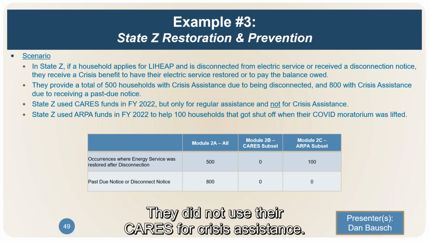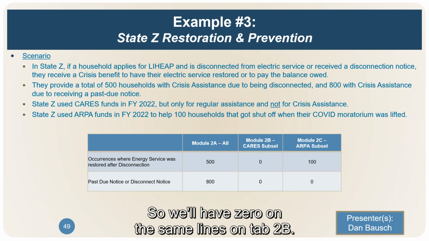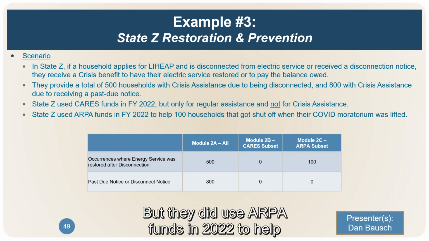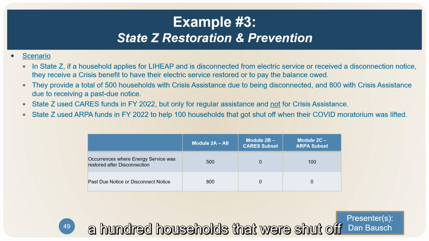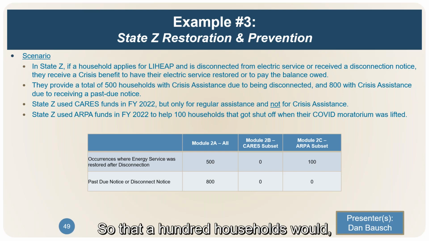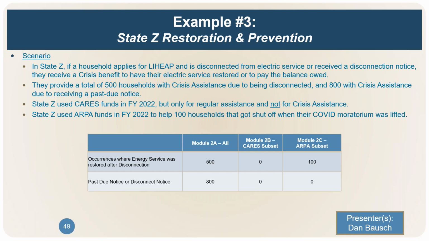They did not use their CARES for crisis assistance, so we have 0 on the same lines on tab 2B. But they did use ARPA funds in 2022 to help 100 households that were shut off when the moratorium was lifted. So that 100 households would get reported in Module 2C on the restored after disconnection line.